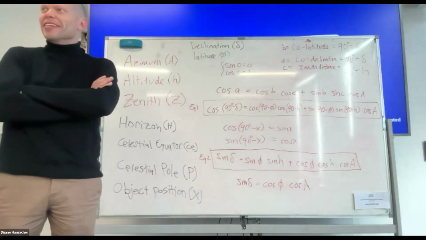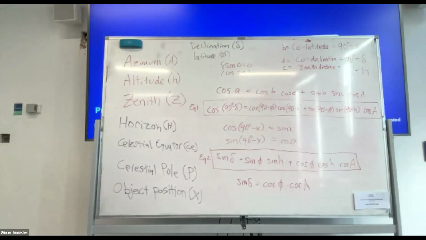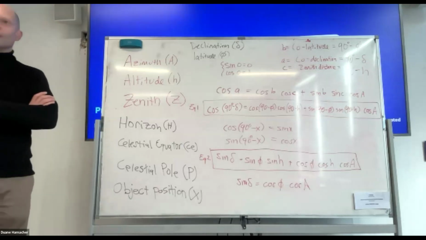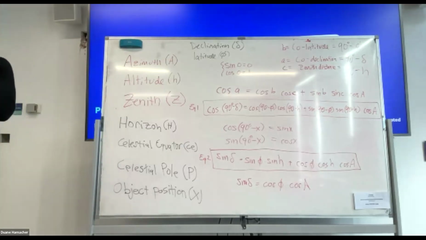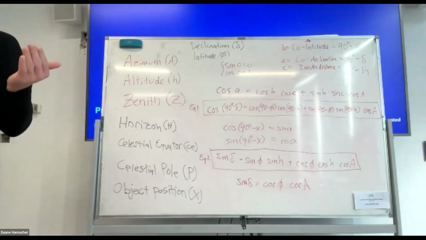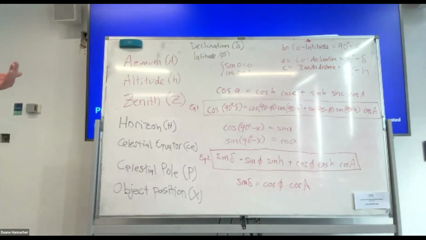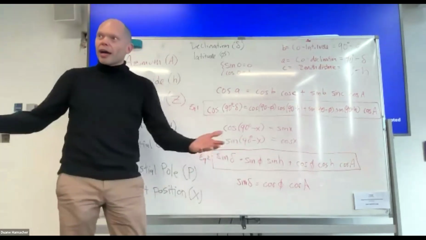Everybody's looking at you, Brian. 23.5? Minus 23.5, because in the southern hemisphere our tropic of Capricorn is at minus 23.5 degrees, which means at the winter solstice, what's the declination of the sun going to be? Positive 23.5 degrees, right?